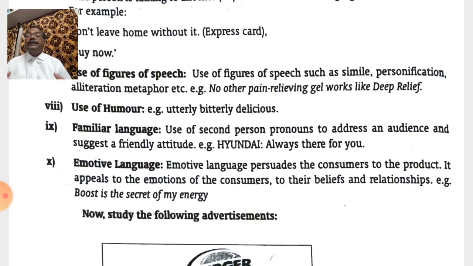Boost is the secret of my energy. This is emotion. Because if there is a product whose name is Lakshmi, bring this Lakshmi to your home. See, emotive language. There should be feeling, there should be attachment.